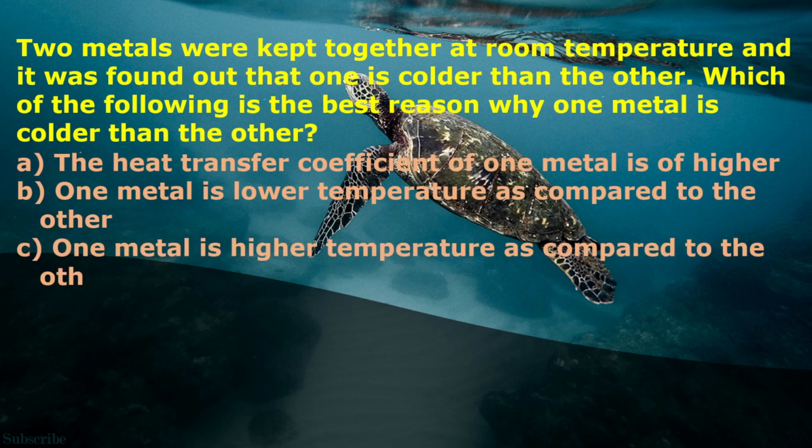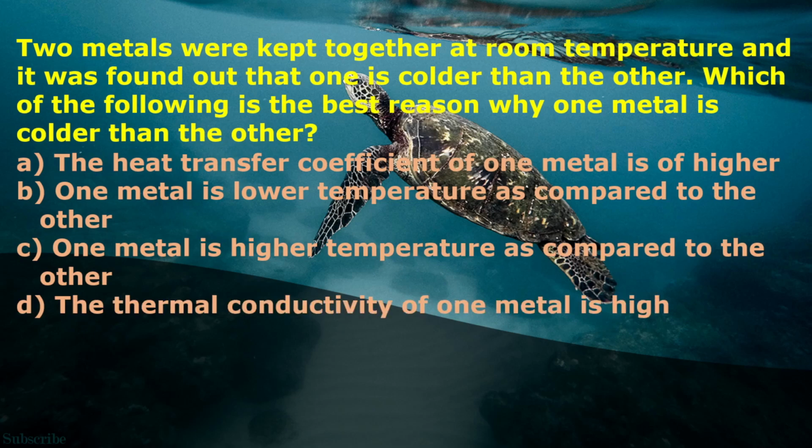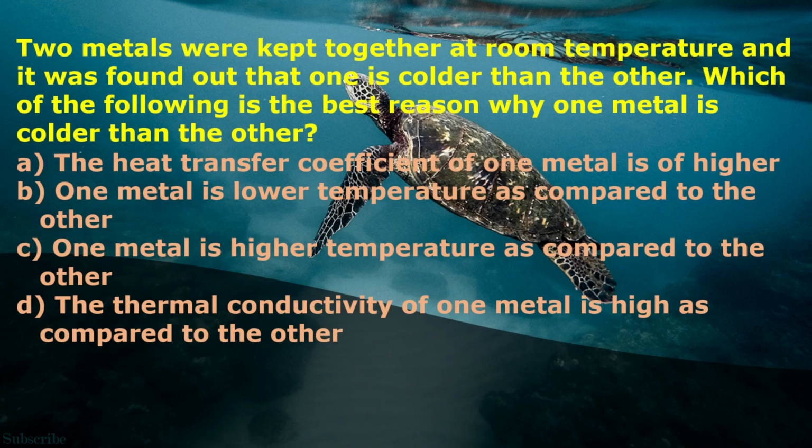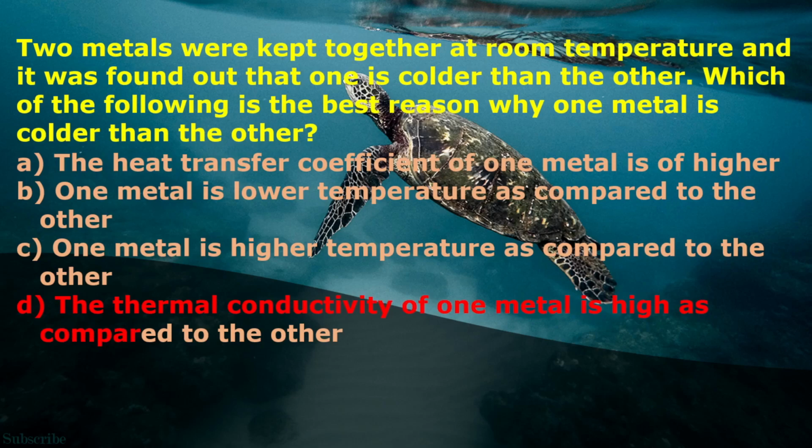D. The thermal conductivity of one metal is high as compared to the other. The correct answer is letter D, the thermal conductivity of one metal is high as compared to the other.